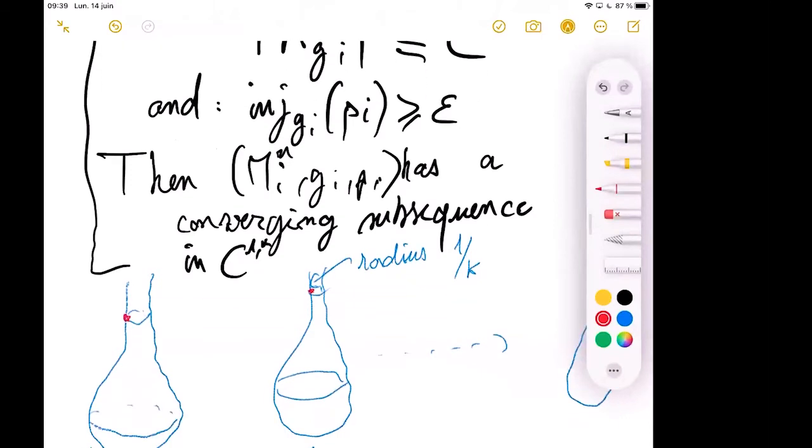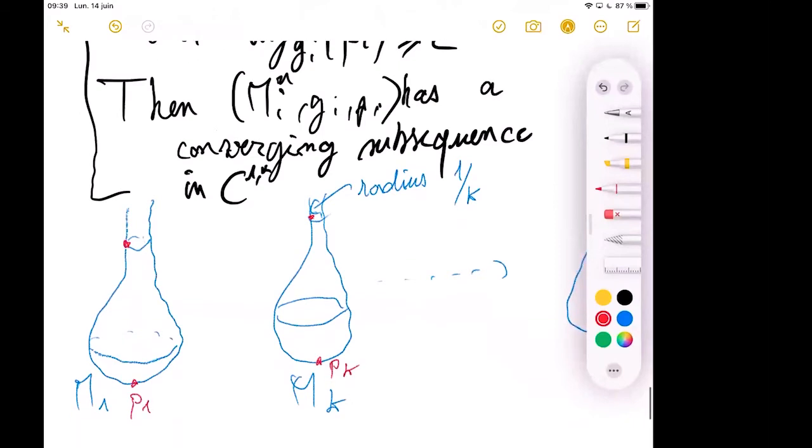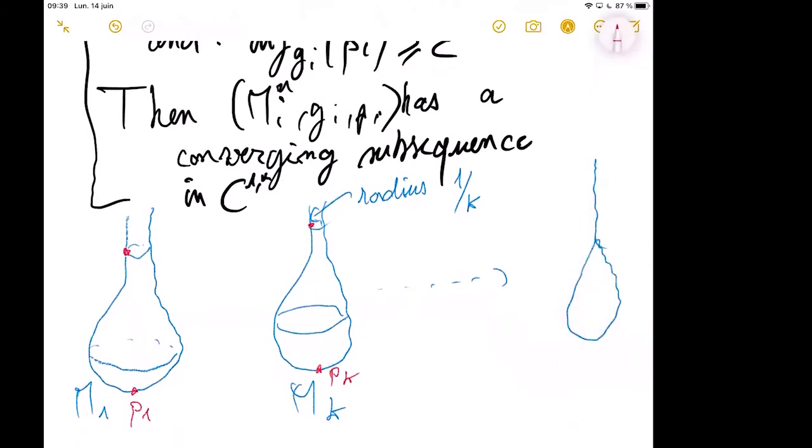But I was a bit sloppy on purpose, and I didn't tell you what the pointing was. And since I'm not moving my point of view on those manifolds, it would be kind of implicit that I'm not moving my pointing. So actually, at the point of interest, the injectivity radius is fine.